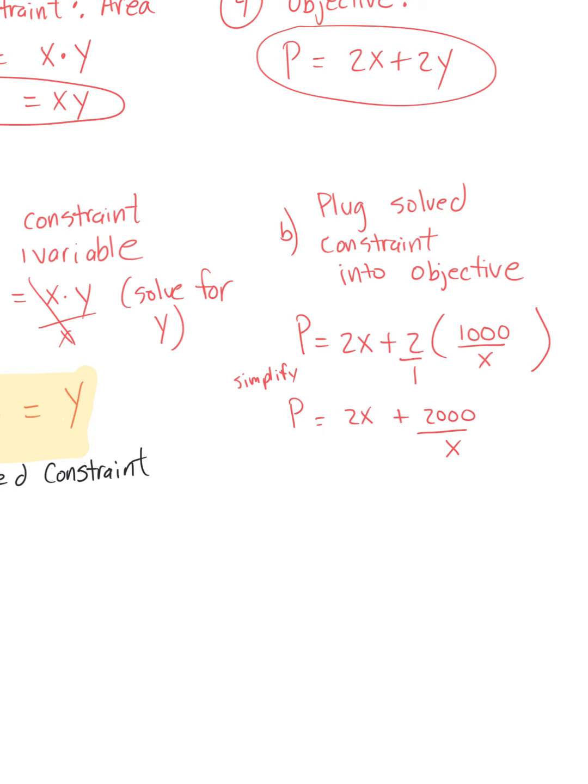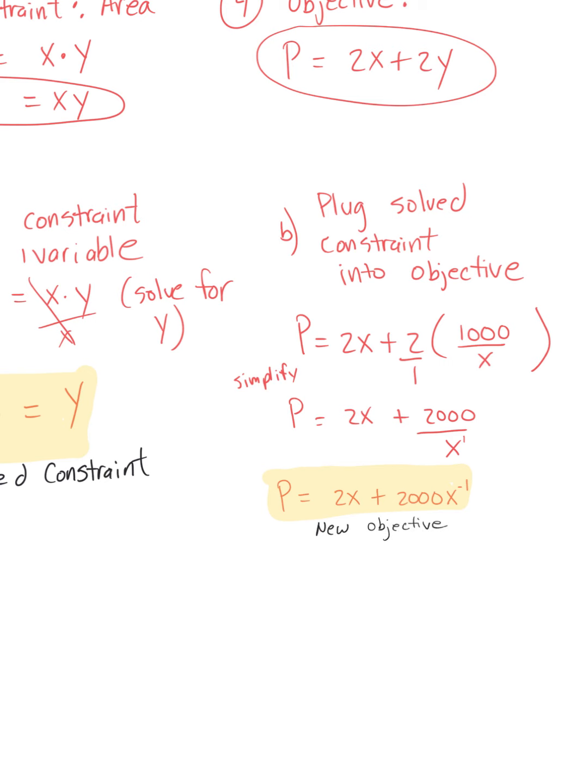So I'm going to rewrite this. I'm going to take my x to the first right here, and I'm going to move it up here. So perimeter is equal to 2x plus 2,000 x to the negative 1. And that right there is my new objective. So I like to highlight that one, and of course, label it. That is my new objective.